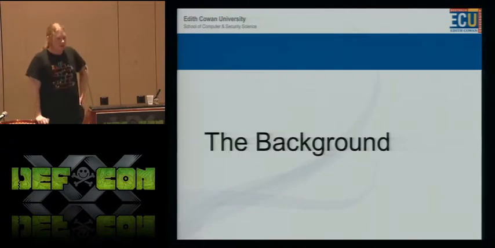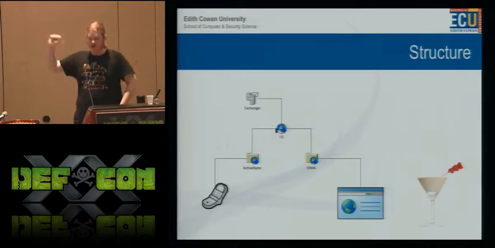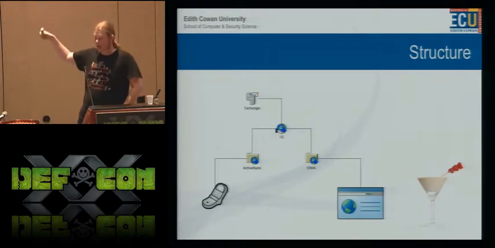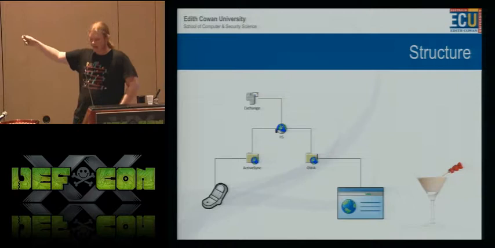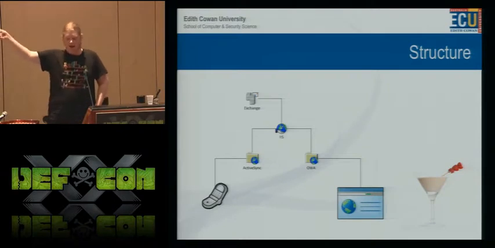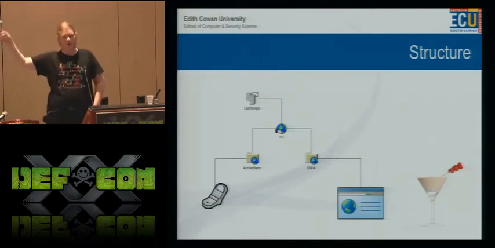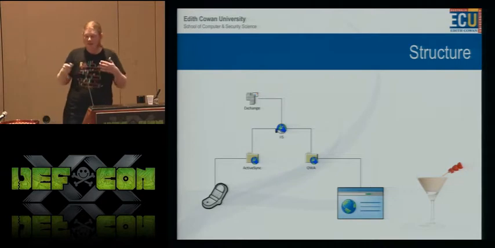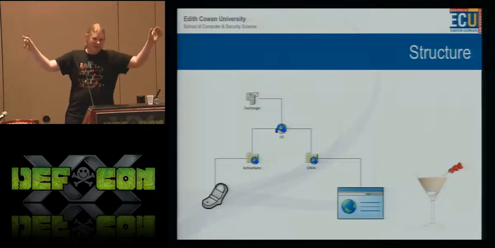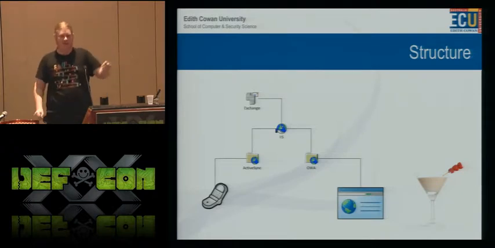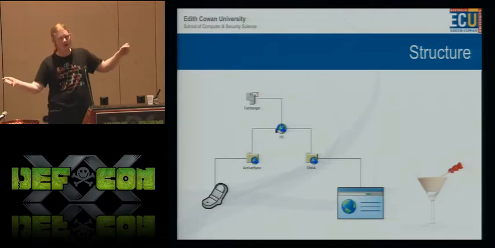Alright, so we're going to talk a little bit about the background of this now. Here's the structure that we have when we look at an ActiveSync session: IIS and the Exchange server on the back end, and OWA there. There's a relationship. Exchange talks to IIS, then IIS essentially has two sub-sites. One is ActiveSync and the other's OWA, and that's how your mobile devices and your web clients talk to Exchange.